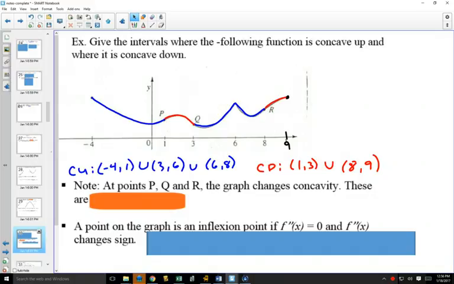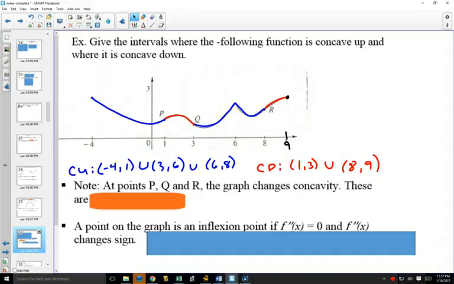And at that point, the function is neither concave up or concave down. And it's concave down from 1 to 3 and from 8 to 9.